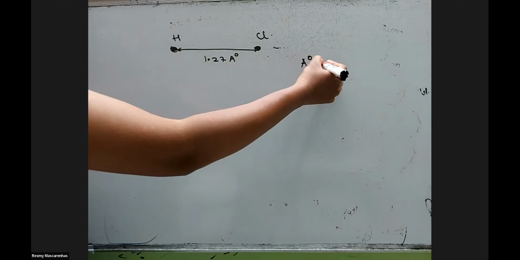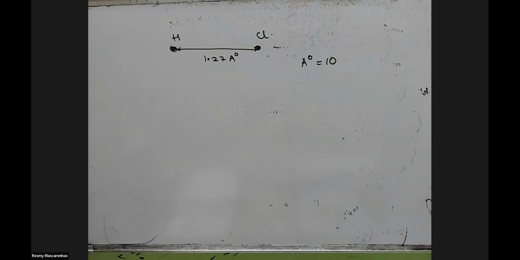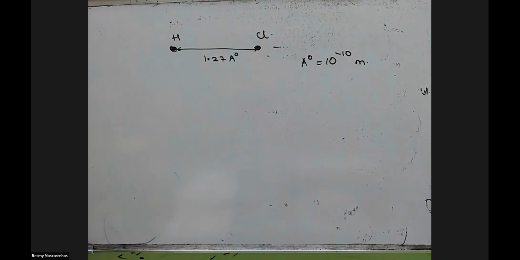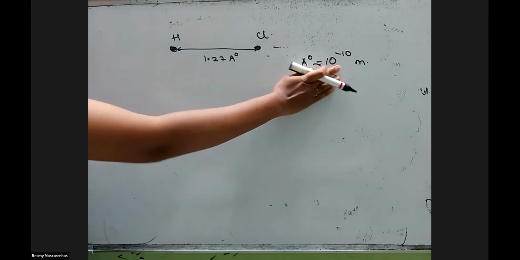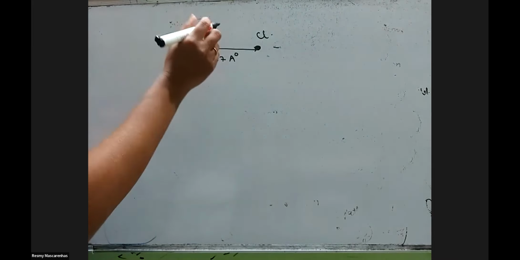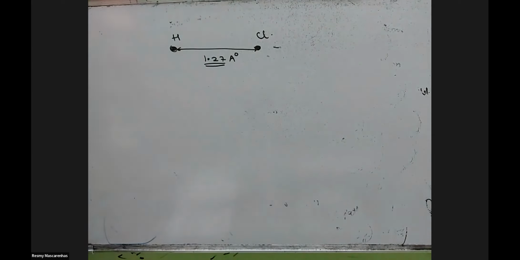So remember, in case you don't know, it is 10 raised to minus 10 meters. Not needed also actually. You can just avoid that if in case you don't know. No need to calculate because final answer can write it as A naught only. You just avoid. So now distance, just assume it to be 1.27. Forget about the unit.